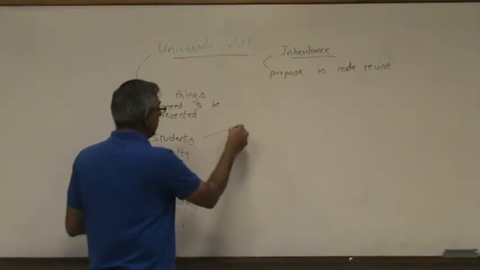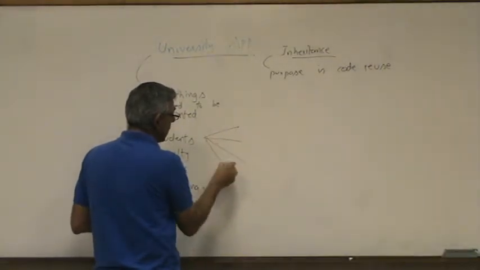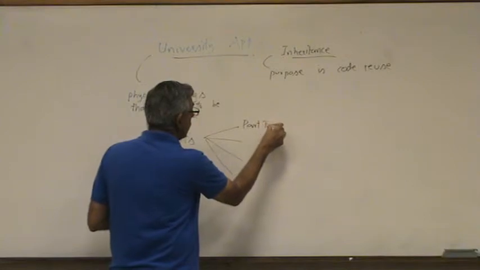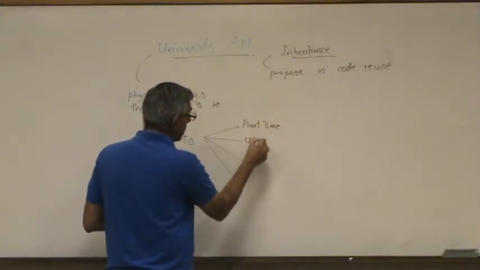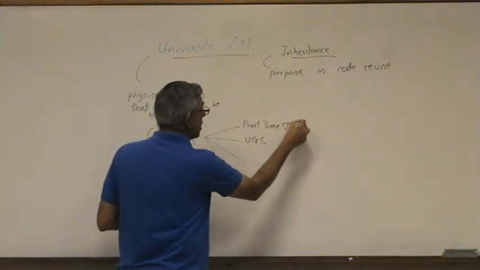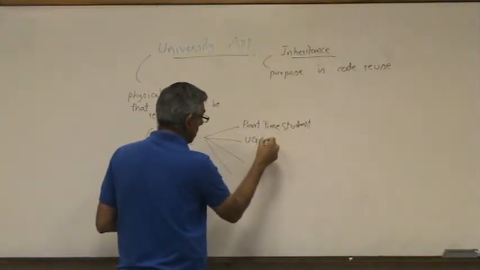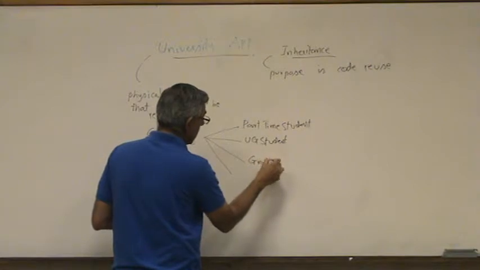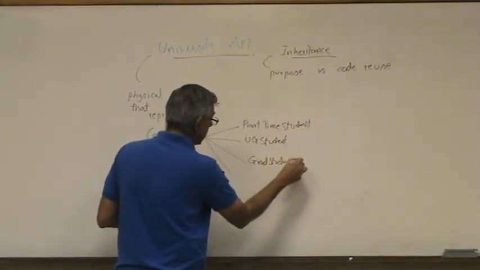So then we further discussed last time. We may have many different kinds of students. So for example, we may have a part-time student, we may have an undergraduate student, we may have a graduate student, we may have a PhD student.